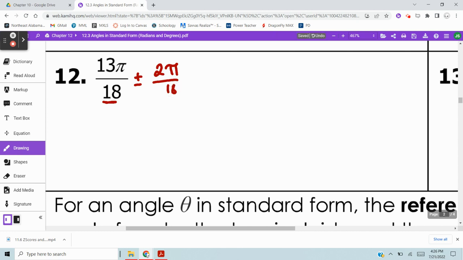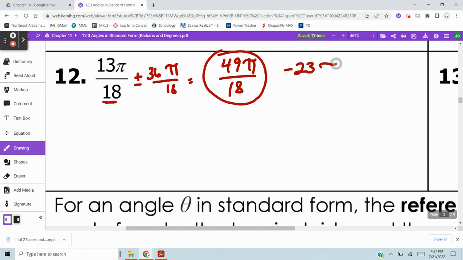When I multiply the bottom by 18, it makes it 18. Multiply the top by 18, turns it into a 36. So 36 pi over 18 is what I'm adding. When you add it, it gives you 49 pi over 18. That's my first one. When you subtract 36, that gives me negative 23 pi over 18. That would be my second coterminal angle.